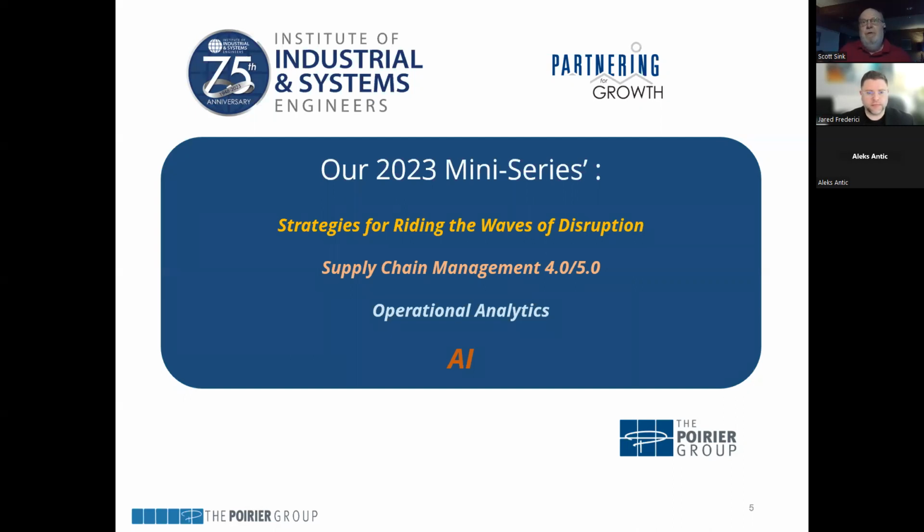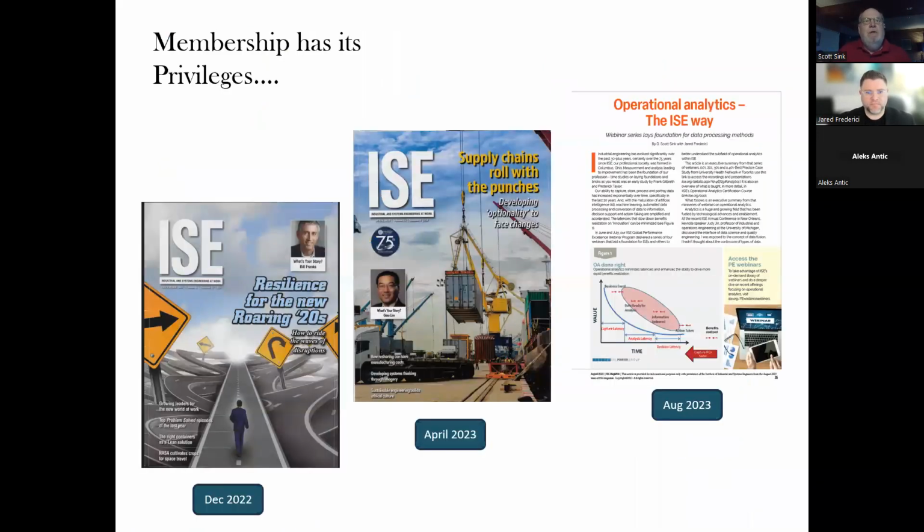So we've been doing a number of 3-4 webinar sets that give you a cluster of information. Each of these mini-series has culminated in an article that's been published in the IISE magazine.